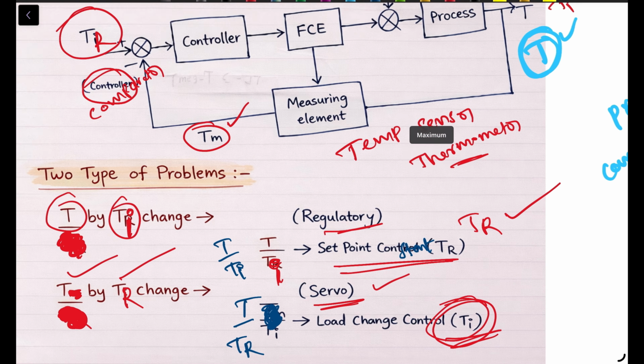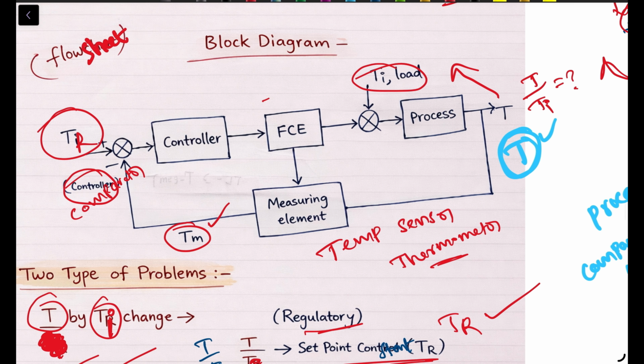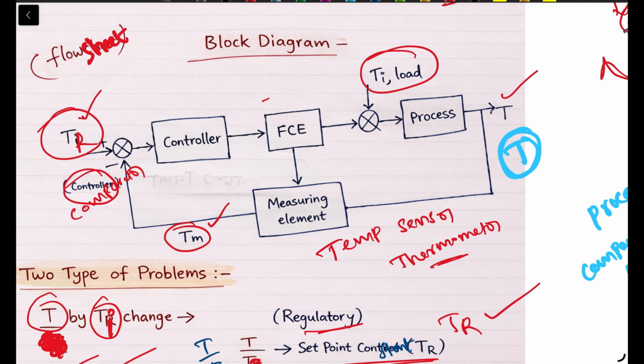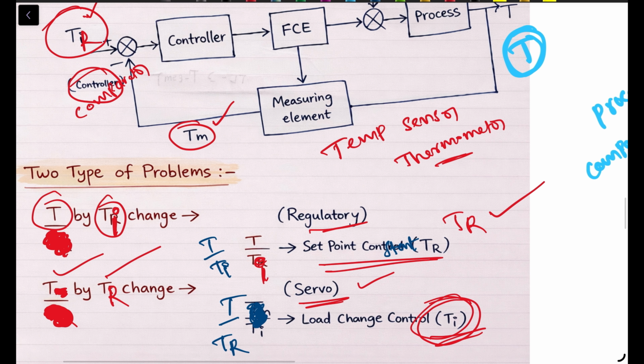Remember always. So in this case, the objective is set point tracking rather than disturbance rejection.